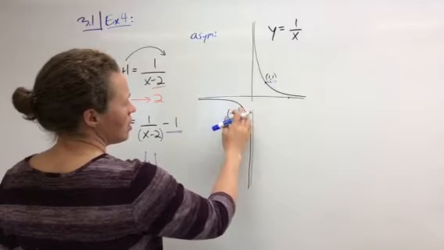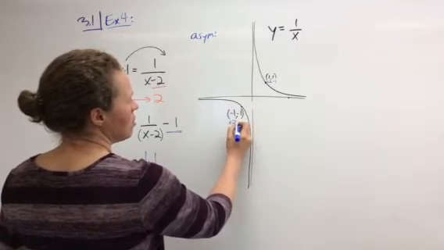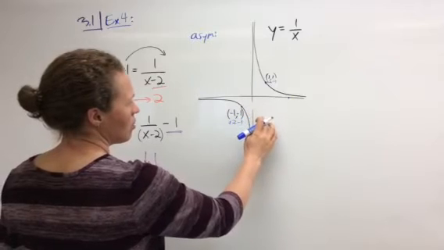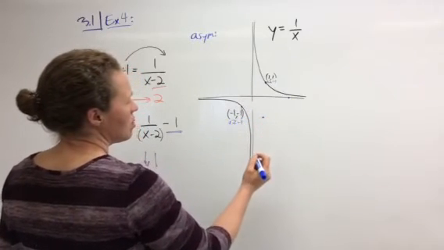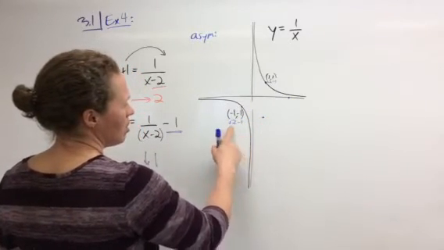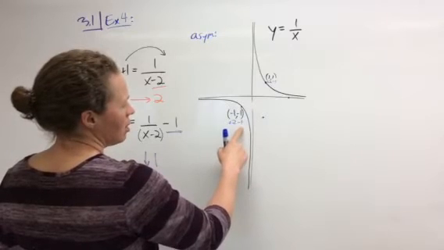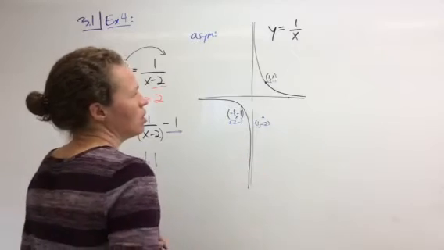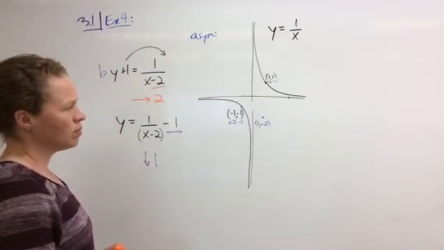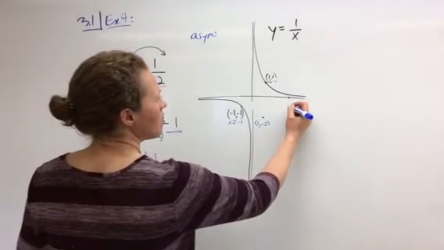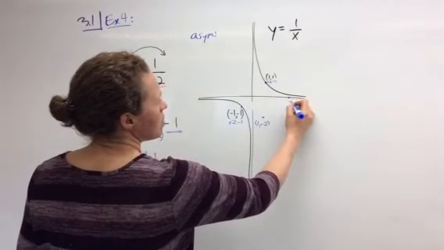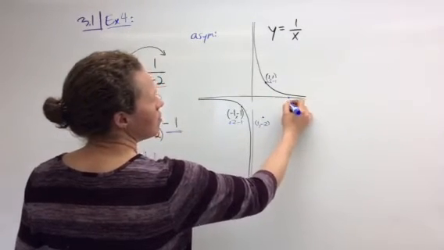This one, same thing, plus 2, minus 1. It's going over 2, down 1 to here. So I would have a new point at 1 and negative 2. Sorry, I should have marked that one, I suppose. This one is 1 plus 2, so 3 and 0.